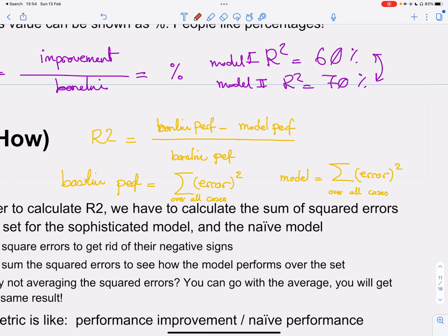And we know that definition of error is actual minus predicted. So for baseline, this predicted is baseline prediction. Would be the actual minus baseline or naive model prediction.